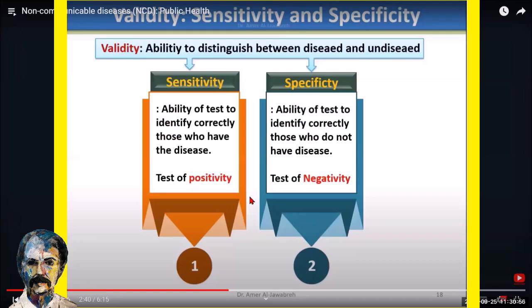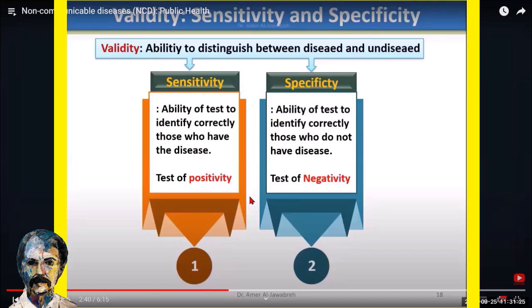So all the time, when somebody tells you sensitivity, you go to positive cases. When somebody tells you specificity, you go to negative cases. Yes, these two concepts describe one test. You can describe one test by these two.